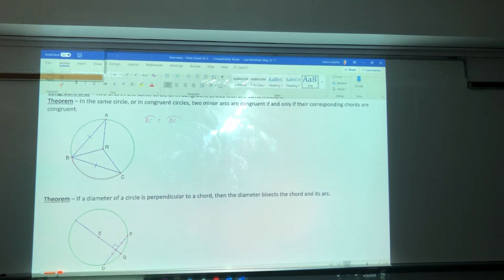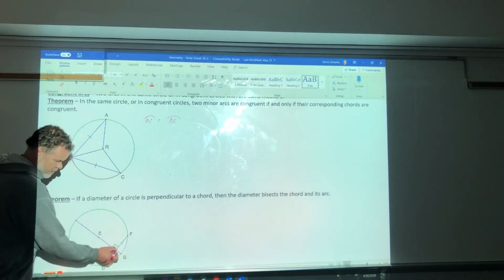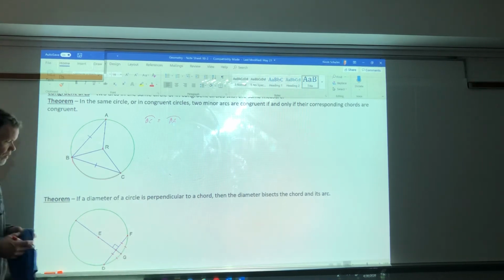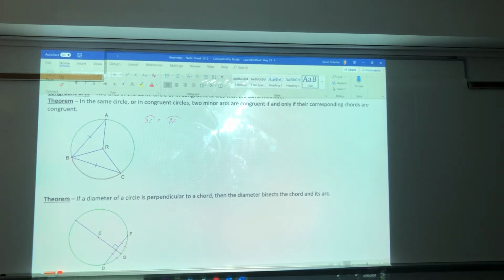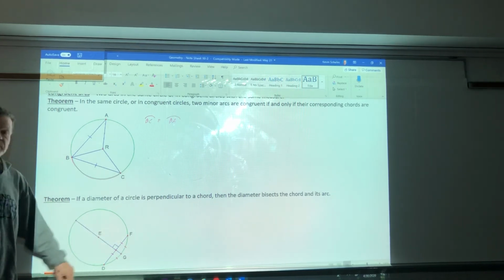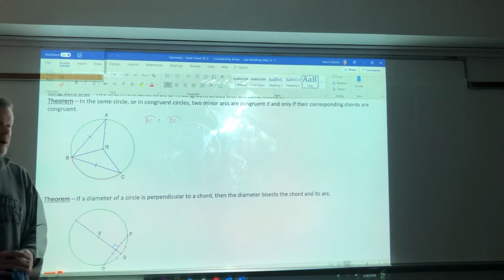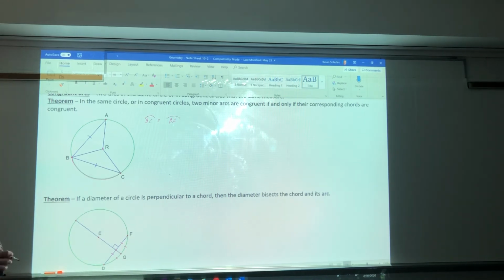Okay, and also if these two segments are congruent, these two arcs are also going to be congruent to each other. Okay, so that's basically a theorem that's going to deal with your diameter here, bisecting a chord. Okay, basically bisect, we say it cuts in half. We've talked about bisecting angles, same basic philosophy here with the chords.